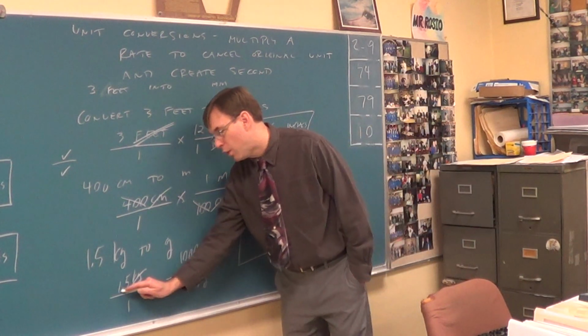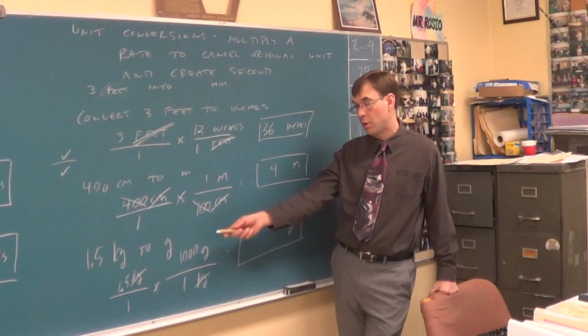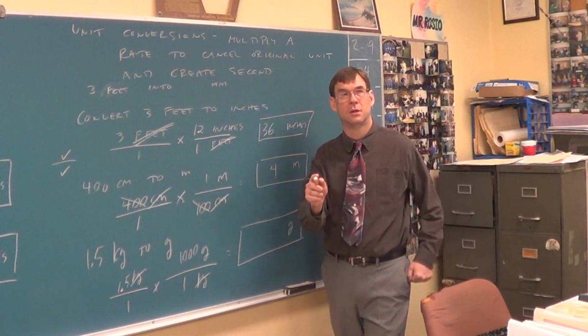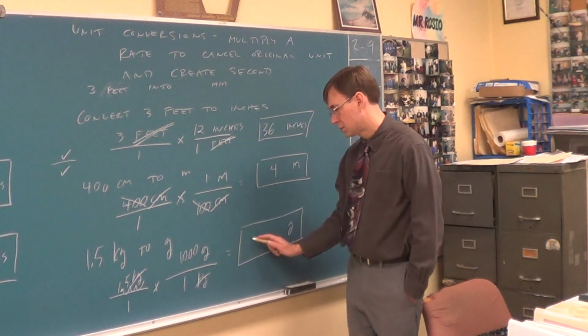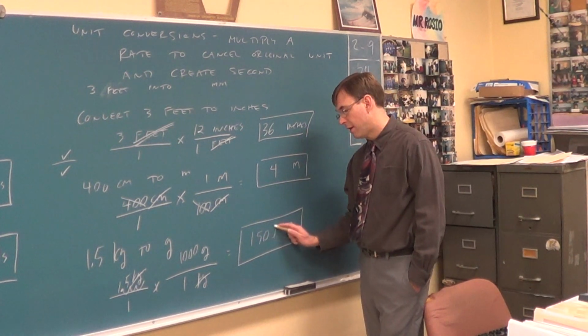Then we need to take 1.5 times 1,000. Here's a trick from 2 days ago. What's the simplest way to take 1.5 times 1,000? Move the decimal 3 places. Bounce, bounce, bounce. So that's going to be 1,500.